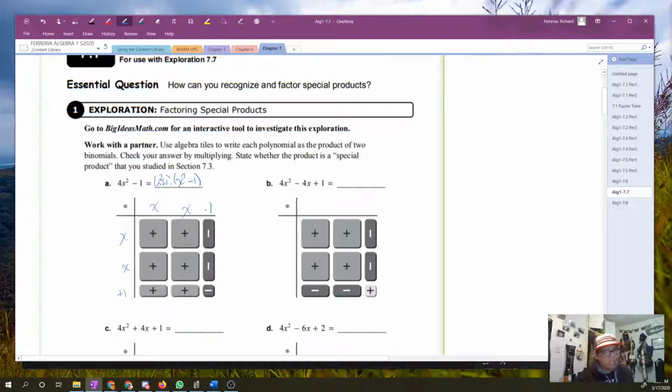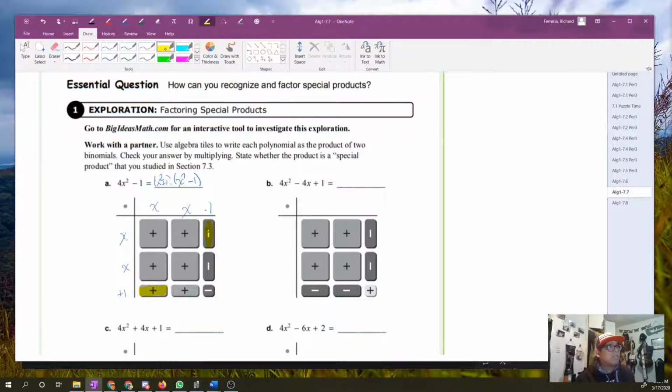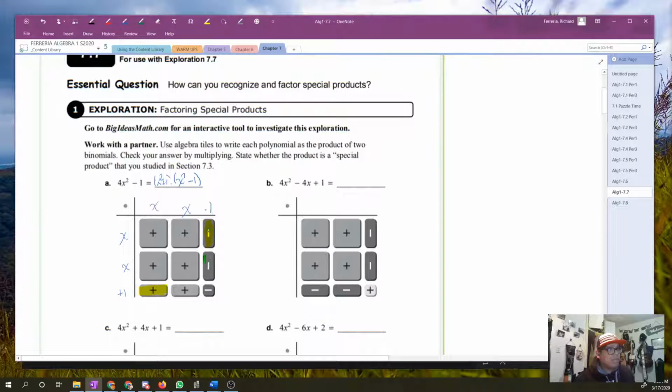But I want you to take a look at what happens here with these tiles. This tile here in yellow and this tile over here in yellow, that makes a 0 pair. And then also, let's use green. This green negative tile over here and this green positive tile here, they make a 0 pair as well.